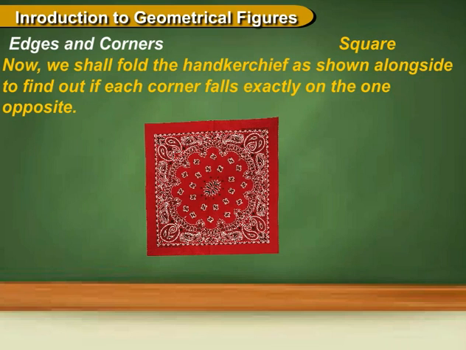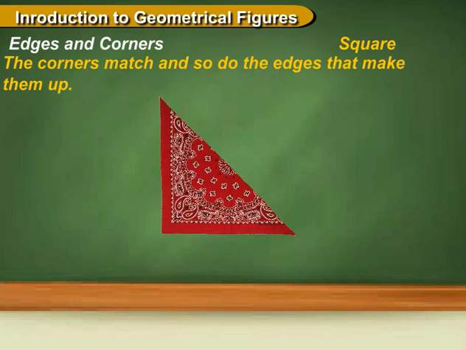Now we shall fold the handkerchief as shown alongside to find out if each corner falls exactly on the one opposite. The corners match and so do the edges that make them up.